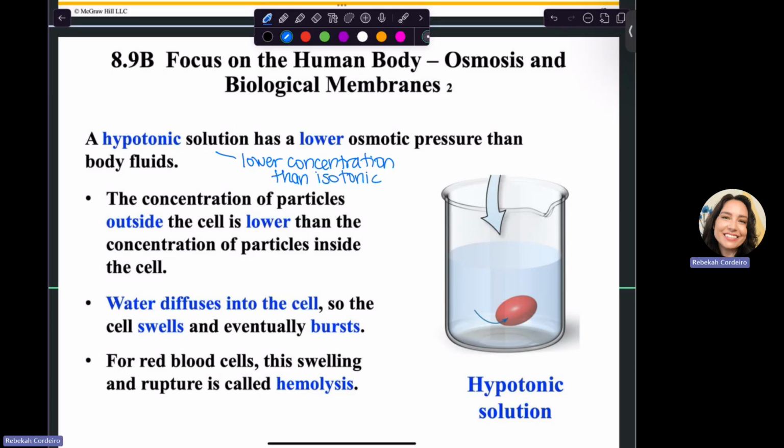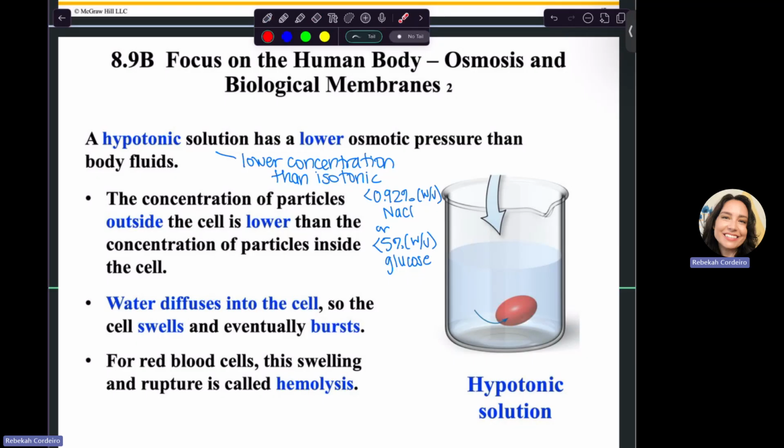So what would that be? Lower concentration than isotonic would be less than 0.92% sodium chloride weight volume or less than 5% weight volume glucose. So if you give someone an IV of 0.5% sodium chloride, that would be hypotonic.